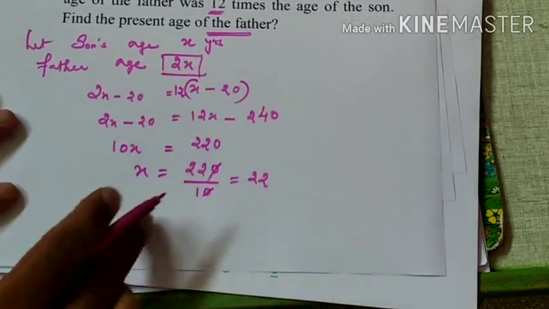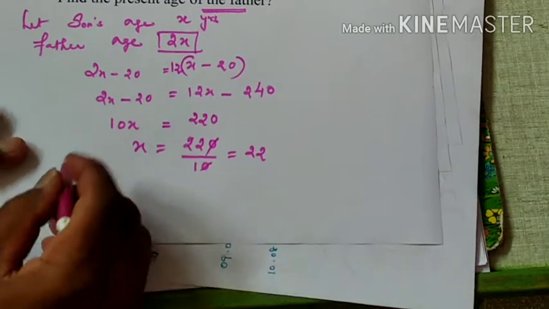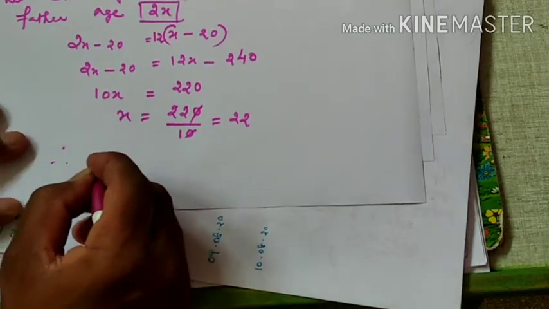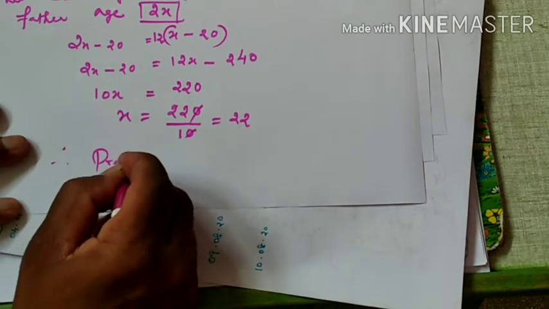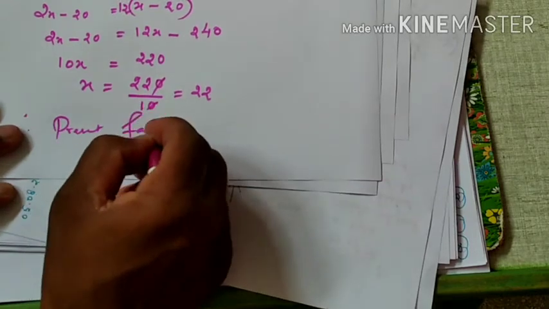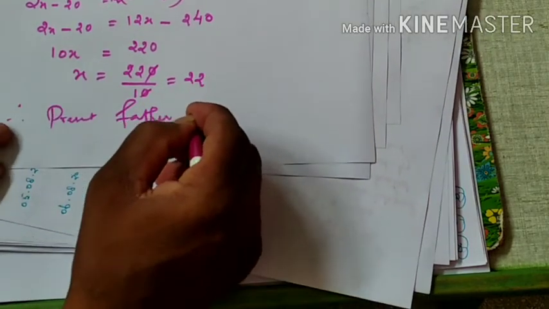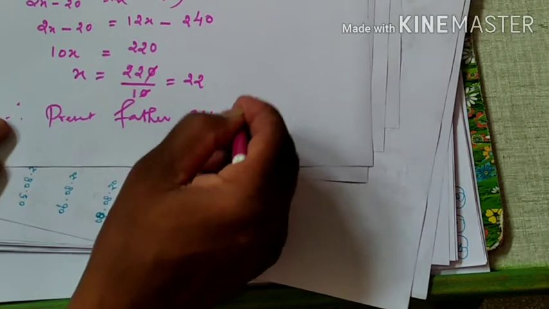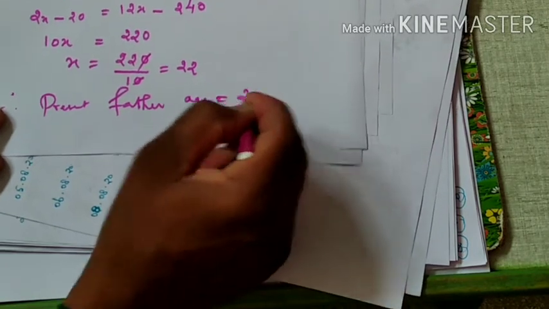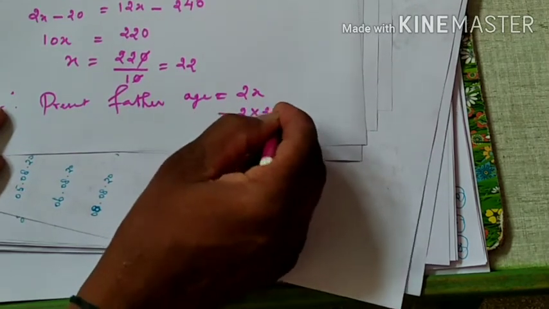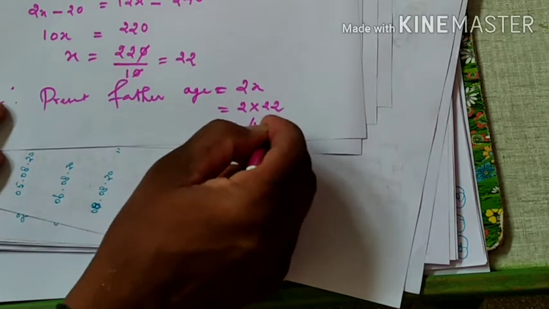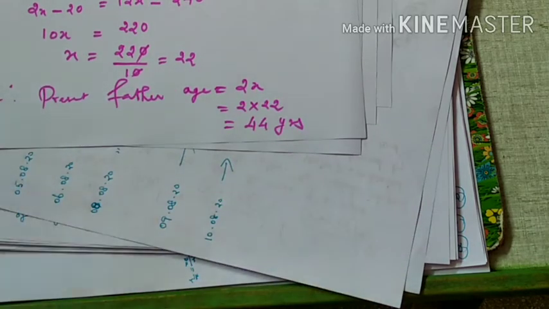Now we got the x value. x value is 22. Therefore, the present father's age is 2 into x, so 2 into 22. The result is 44. 44 years. The present age of the father is 44 years. Third one.